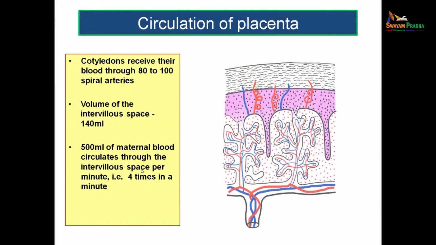So in 1 minute, 500 ml of mother's blood reaches the placenta and comes back. It circulates roughly 4 times in a minute, because the volume of the intervillous space is roughly 140 ml but 500 ml of mother's blood reaches it in 1 minute.